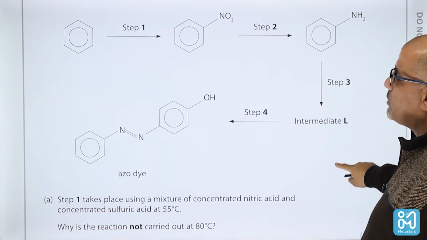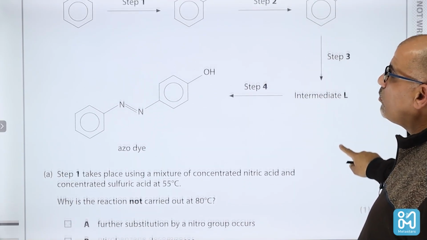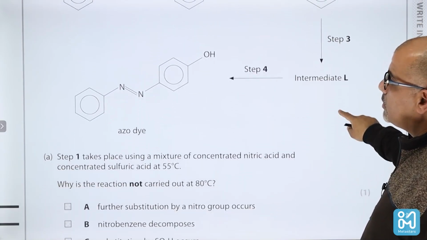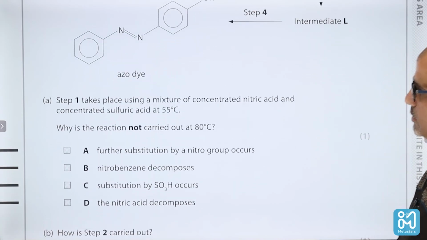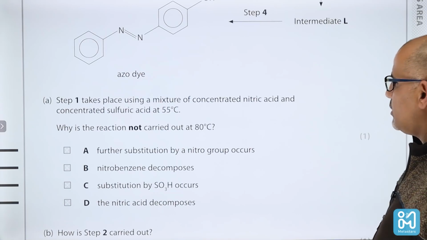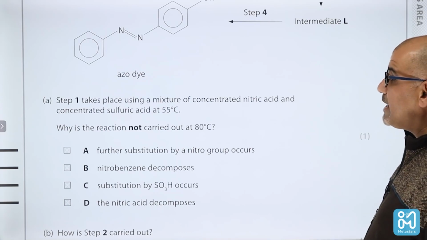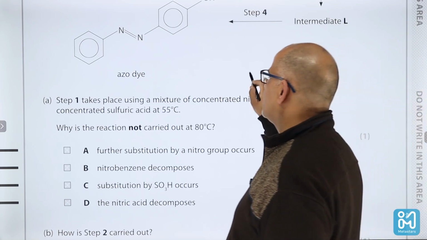Here we predict that we have more than one question about this type of question. Step 1 takes place using a mixture of concentrated nitric acid and concentrated sulfuric acid at what?